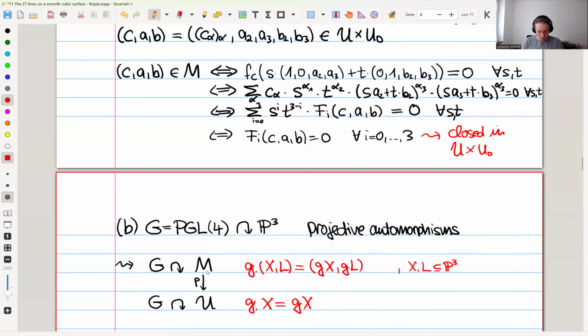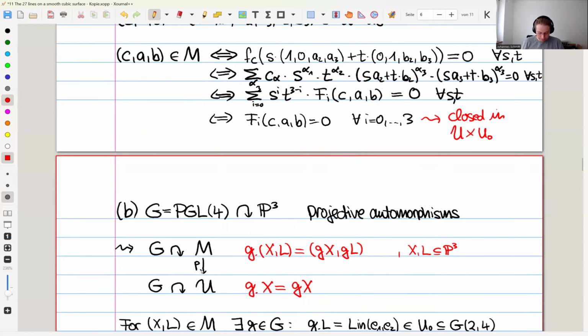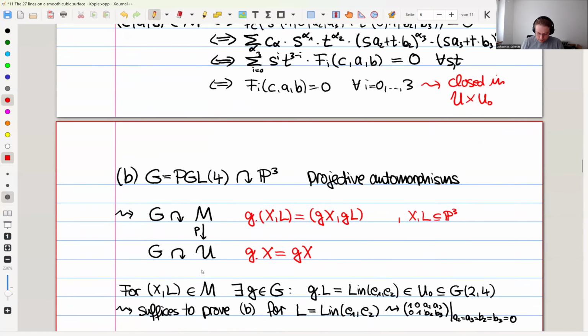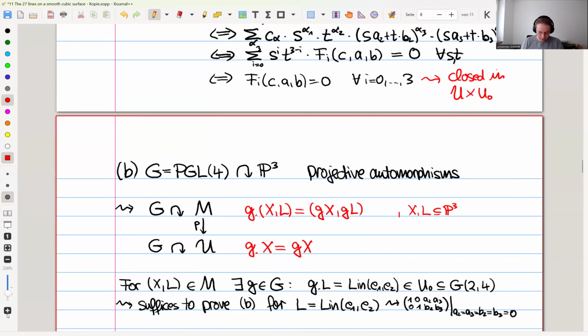And then whatever you want to show about any point being locally a graph here, this is a property which is still true after you move things around. So if you want to check it for one point, you can check it for any point in the orbit. This means if we are given any point in M, we want to check that it's locally a graph around there.